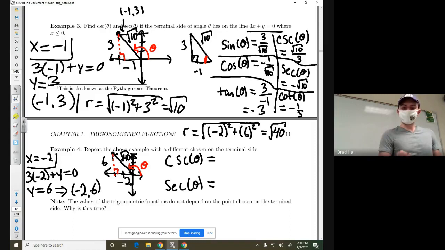So cosecant, well, that's 1 over sine. And sine is opposite over hypotenuse. So cosecant is hypotenuse over opposite.